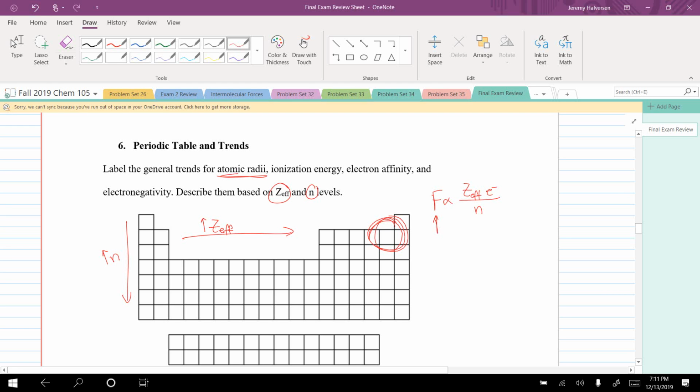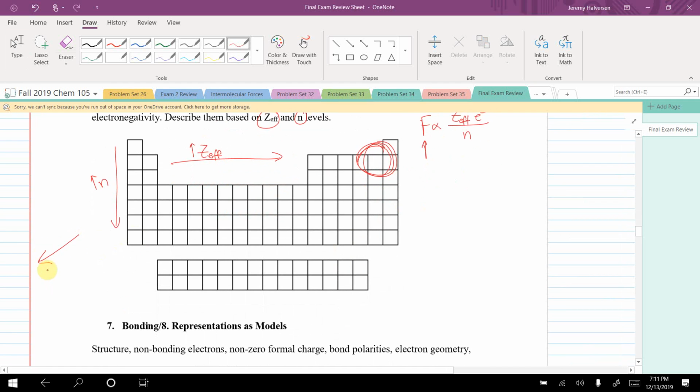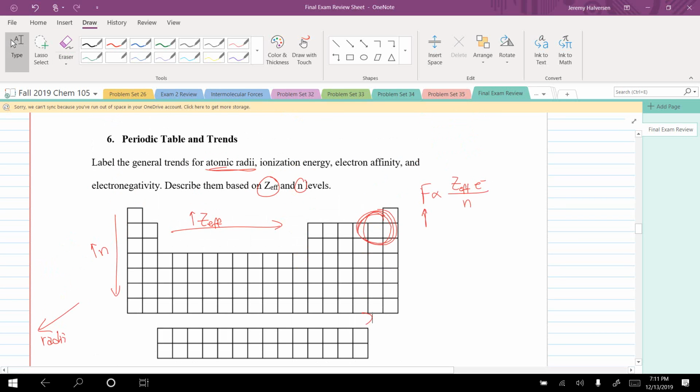So where's going to be the biggest atomic radius? Down here. Does that make sense? Just have the most n levels. Plus, as I go across the periodic table, my Z effective is increasing, which is pulling the electrons closer. You guys see that? So radius increases down and to the left.